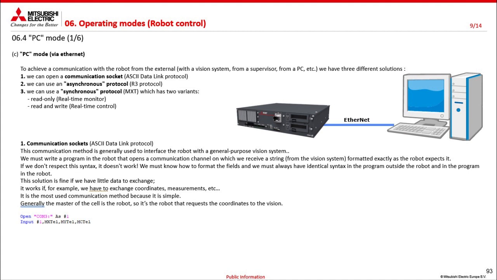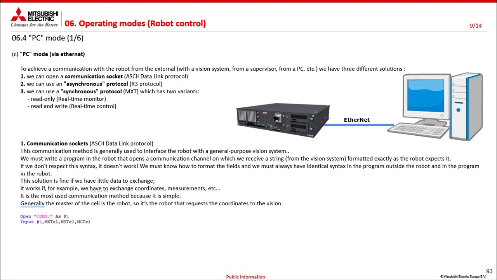The solution is fine as long as we have limited needs for the content that we want to exchange. Does it work if we have to, for example, exchange coordinates, measurements, etc.? Yes, and it is the most used communication method because it is the simplest.